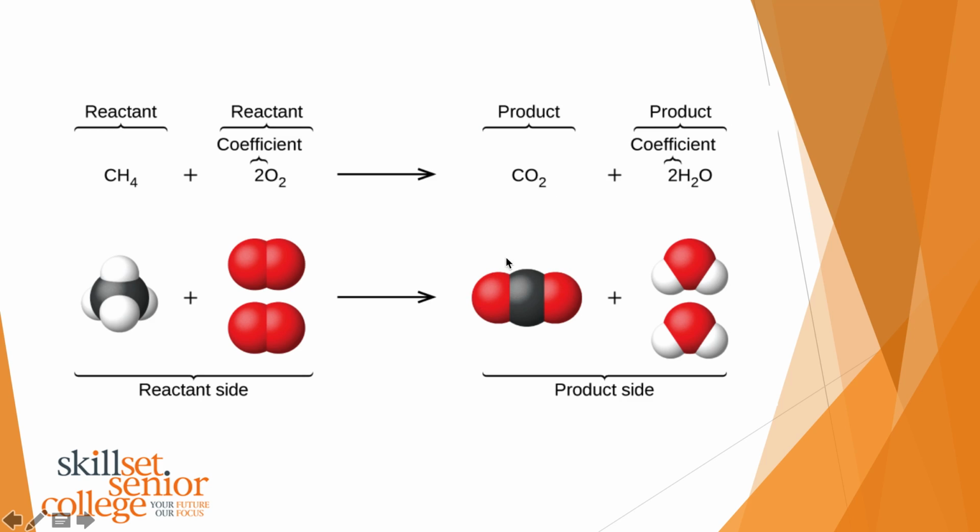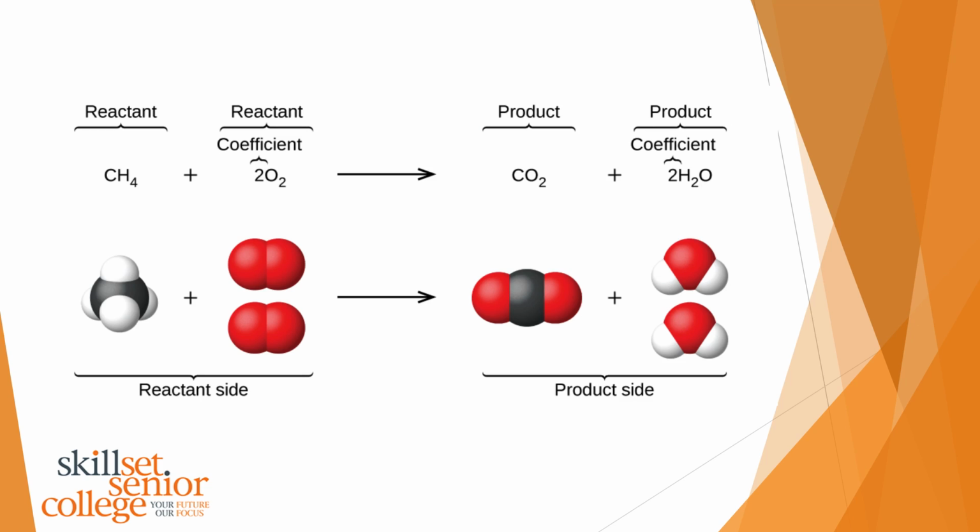So we have CO2, that's correct. Okay, we have 1 carbon and 2 oxygen, plus we have 2H2O. So we have H, so that's H2, and 1 O, and there's 2 of them, 2H2O. So we have 1, 2 oxygen here, and 4 hydrogen.